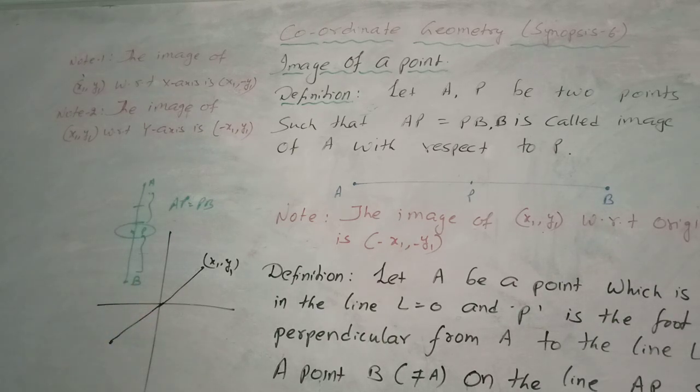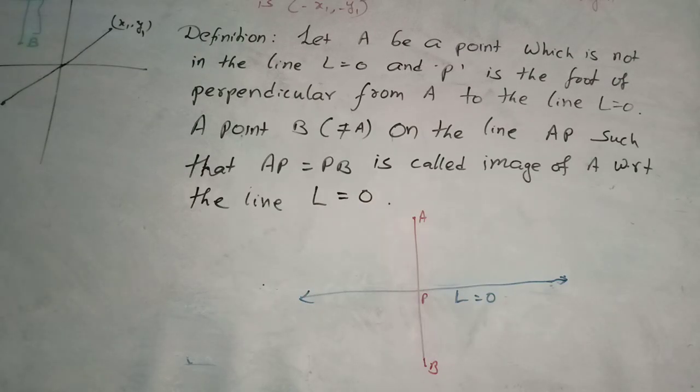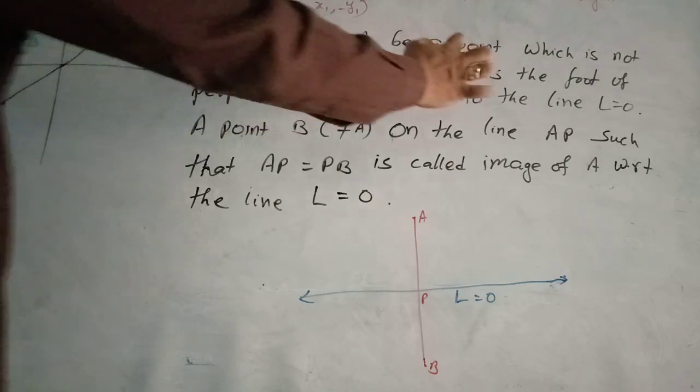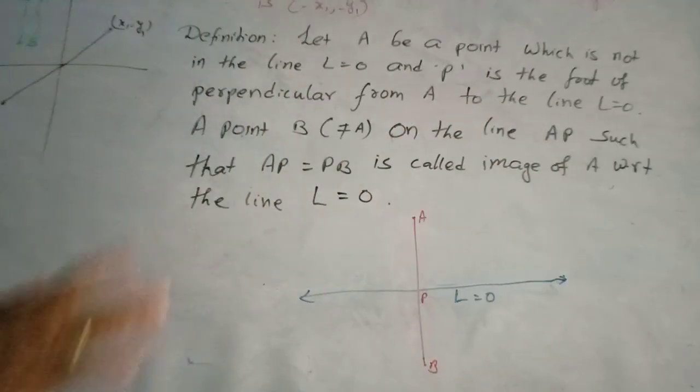Now let's see another definition. Let A be a point which is not on the line L equal to 0.